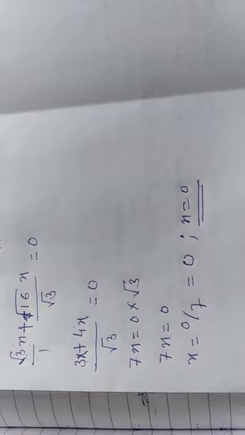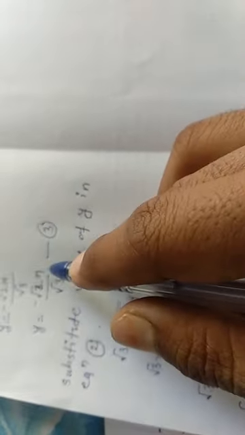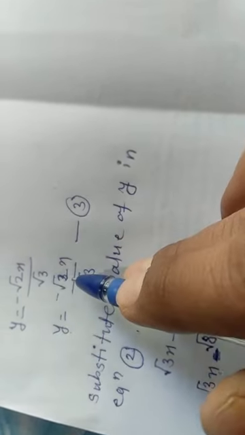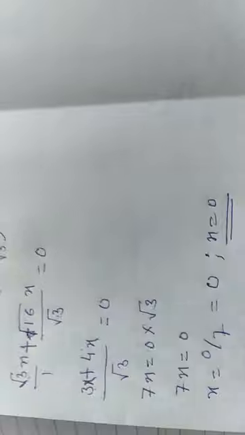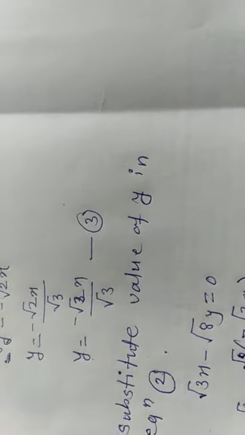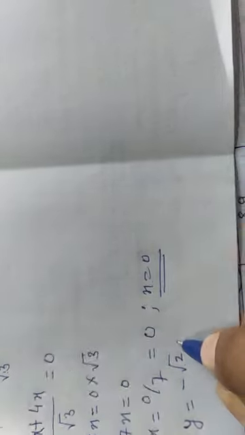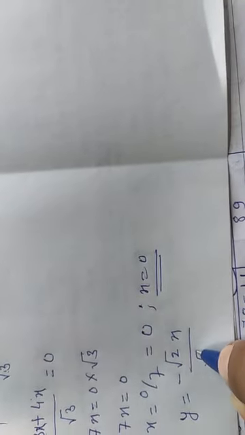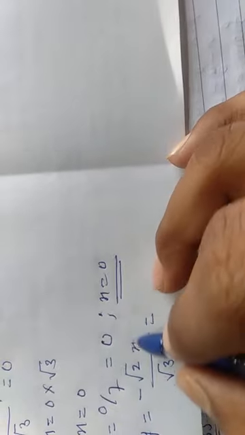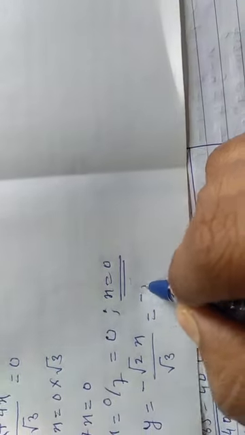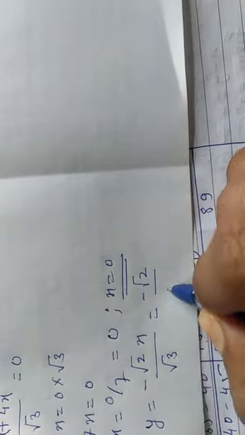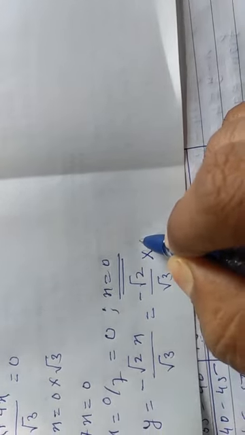So the first value we have obtained. Now we'll substitute this value in equation number 3. Whatever value of x we have obtained, we put in equation number 3. So I will write here y is equal to, what is the value of y? The value of y is minus root 2 x upon root 3, and putting the value of x equal to 0, that gives minus root 2 upon root 3 into 0.